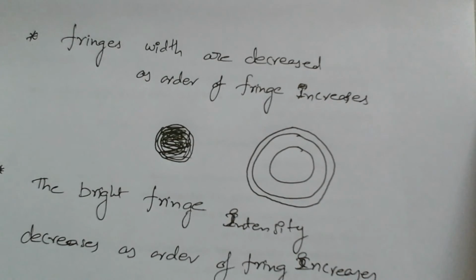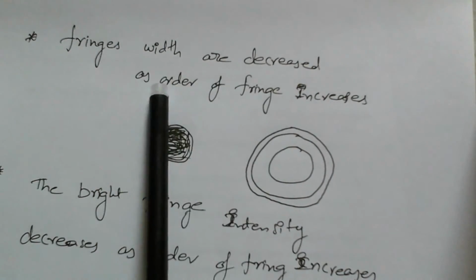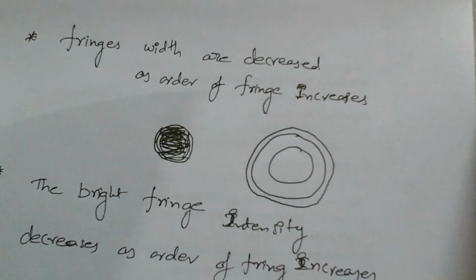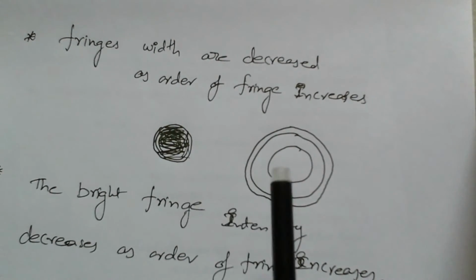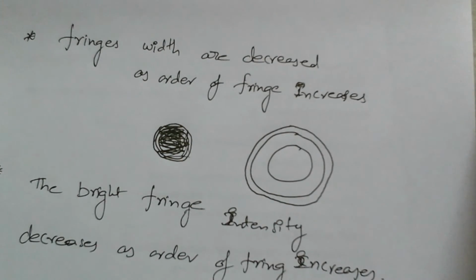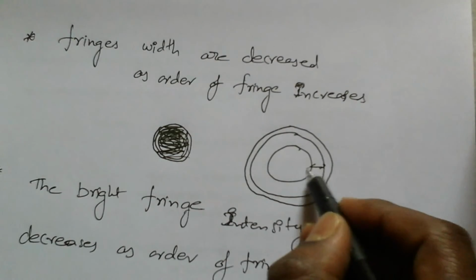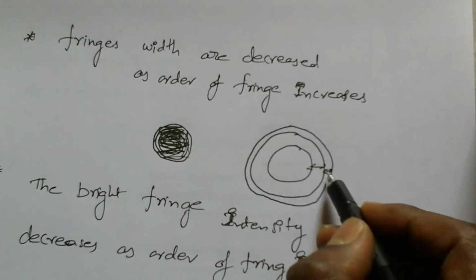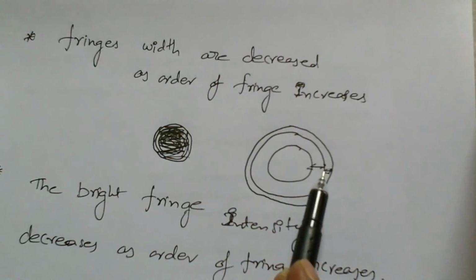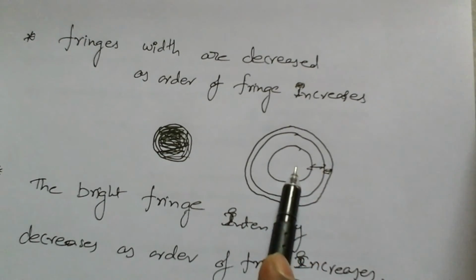In diffraction, you can see here, fringe widths decrease as the order of fringes increases. See, this bright fringe width is more, if you compare this width, this width is less, and this width is also more.